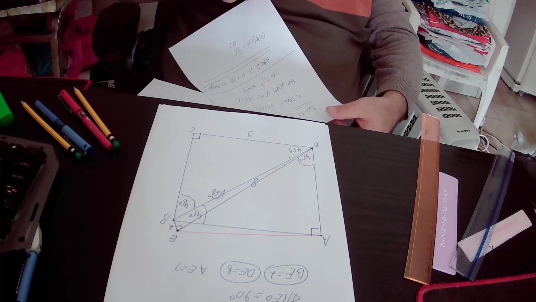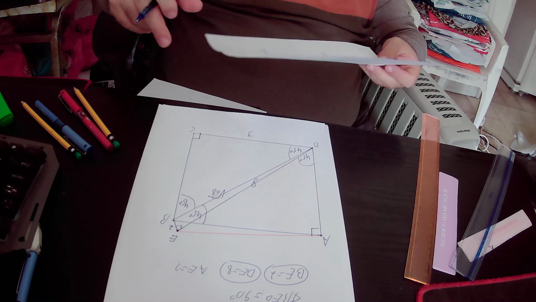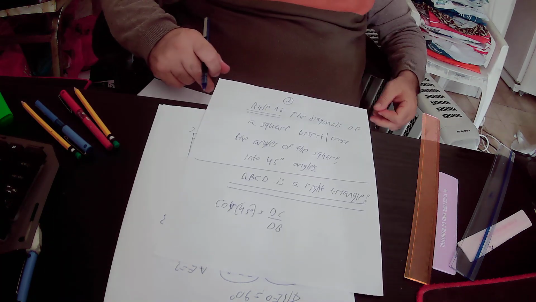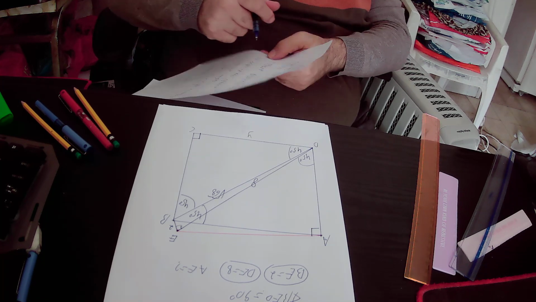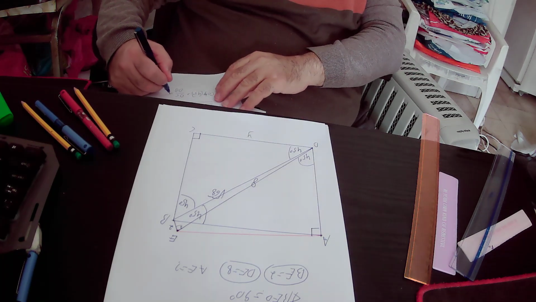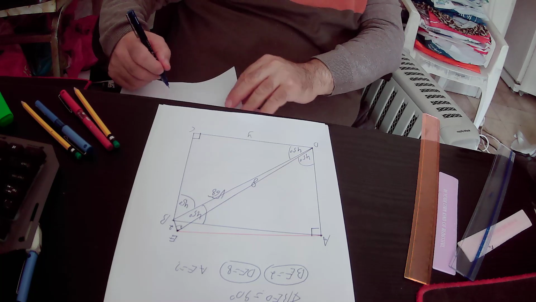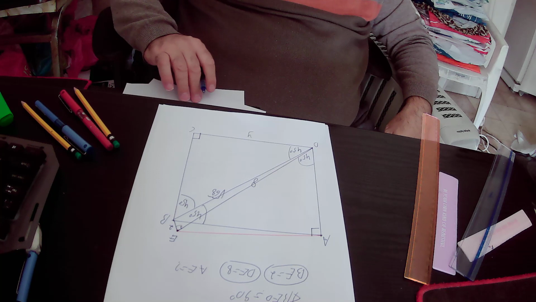I'll repeat again. In the right triangle DBC, cosine 45 degrees equals DC over DB. But according to our definition, DC equals y, and we have already found out that DB equals the square root of 68.